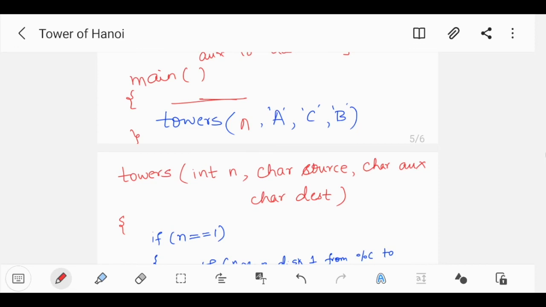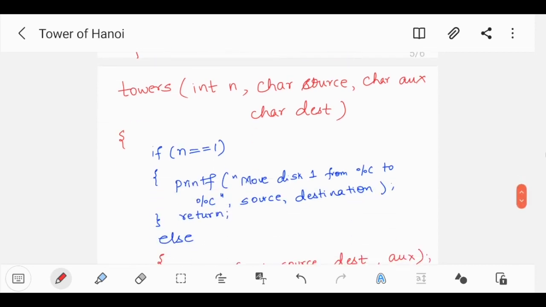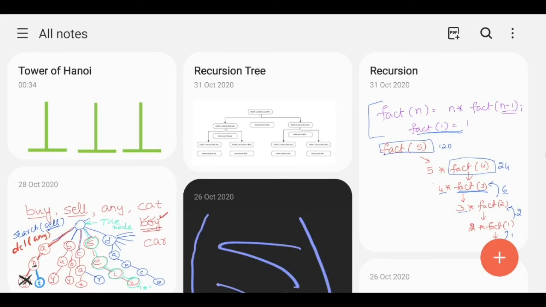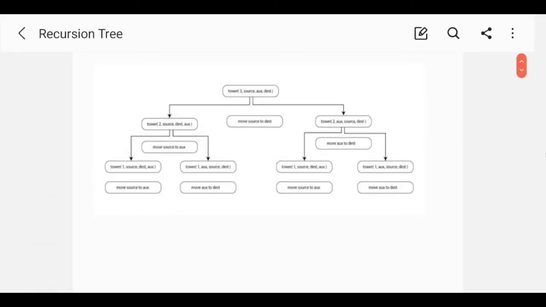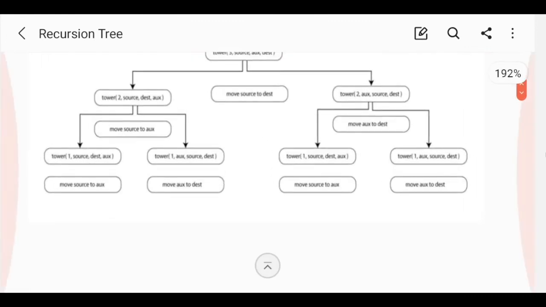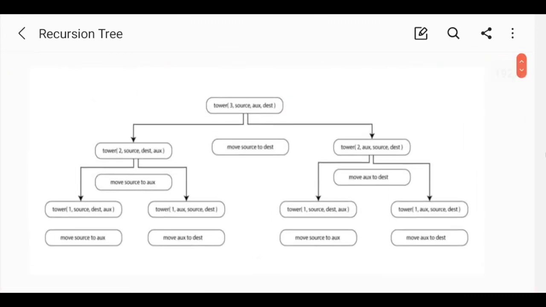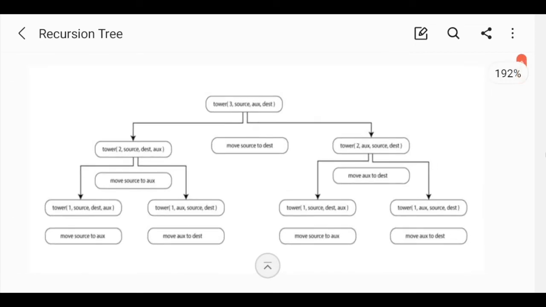We will quickly jump to understand how this recursion would be handled, let's say for 3 disks, right? We saw how 7 movements are expected when I'm solving the problem for 3 disks, as in there should be 7 printf statements. So let's understand that here with this recursion tree.